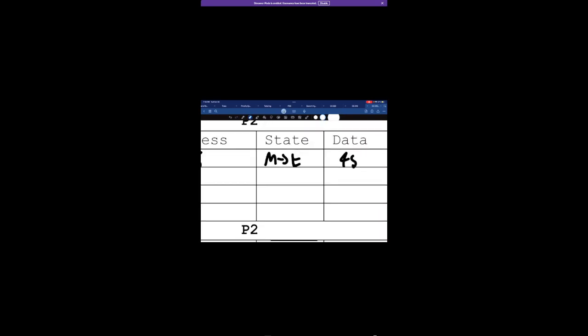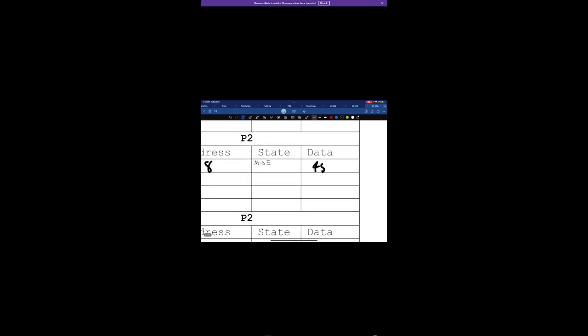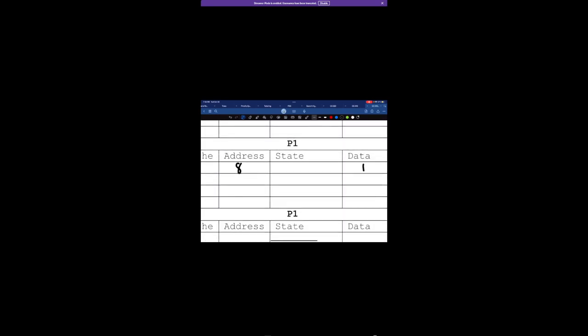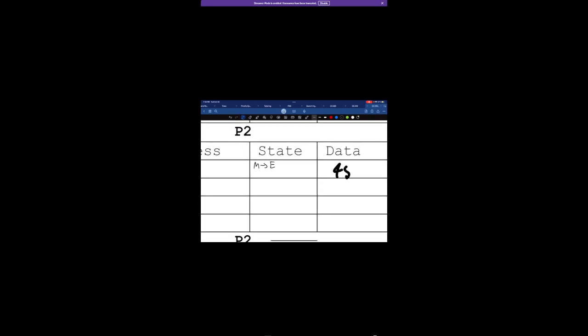So at this point here, again, we go from modified to exclusive, right? Where we flush whatever we had into main memory. But then here, we're also requesting that. So we share it.